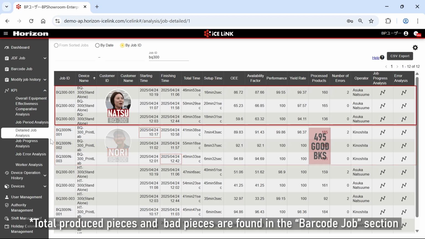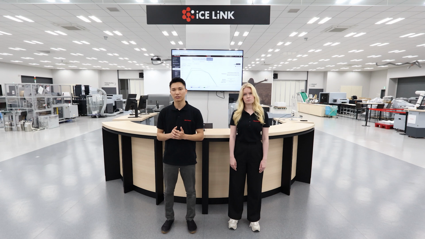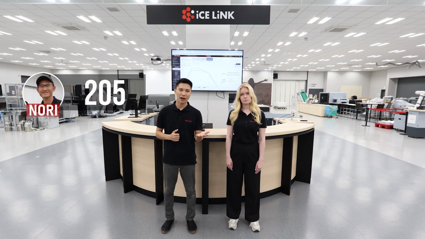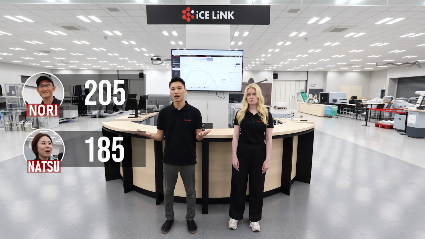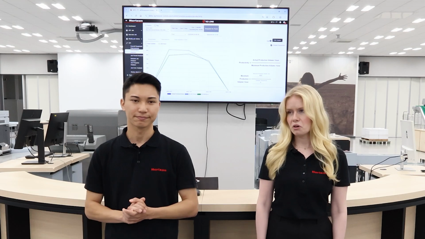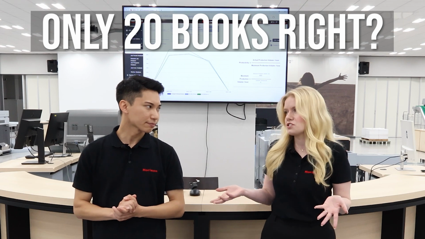In contrast, Natsu worked from 10:19 to 12:44, completing 448 books. On an hourly basis, this translates to 205 for Nori versus 185 for Natsu.